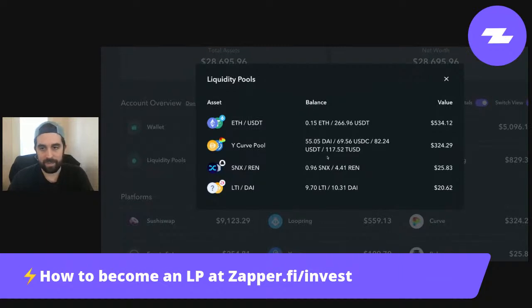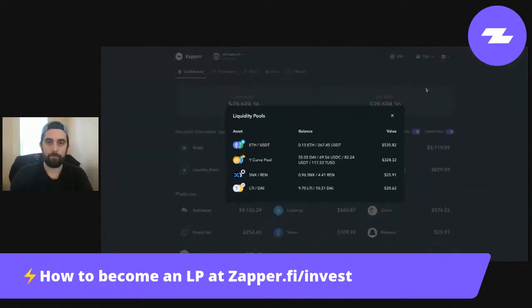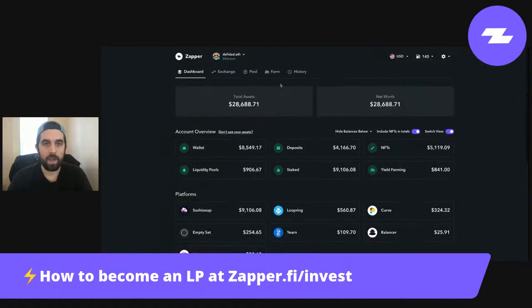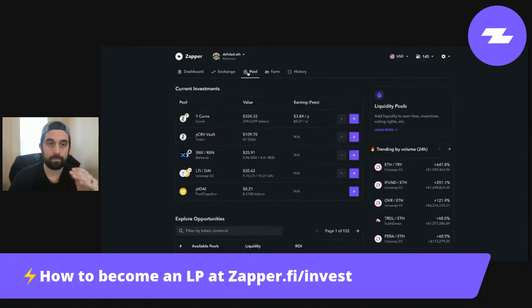And you can see, I have as little as $20 to as much as, in this case, $534 in different liquidity pools. So I'm a market maker in Loopring with Ether and Tether. I'm in another pool that is all stable coins, which is the Y curve pool. And anyways, you get the point here. So let's hop over to the pool tab.